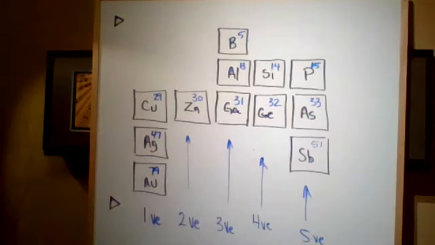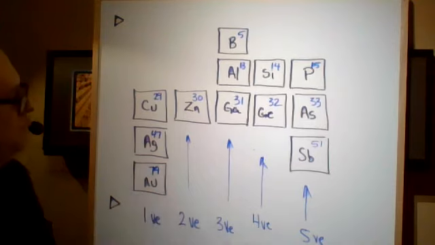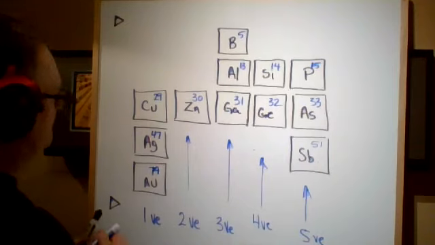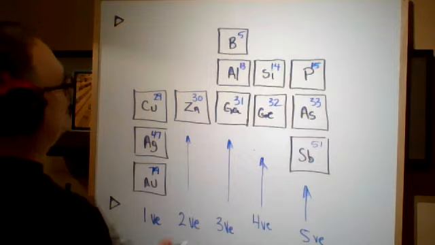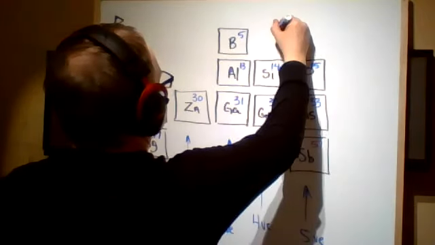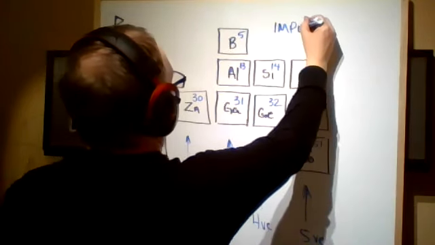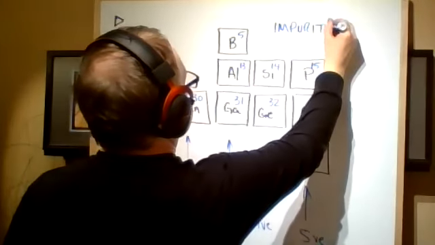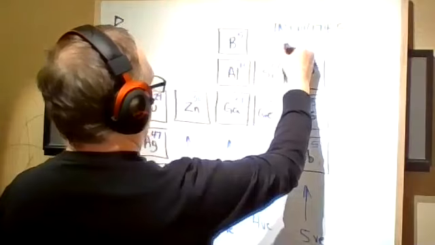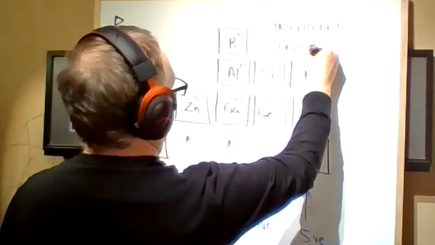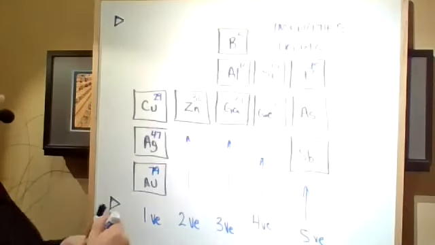Now, what's interesting about this is that we can actually take some of these materials and use them as what we would call impurities. And we use them for a process that we call doping of the crystal lattice structure.